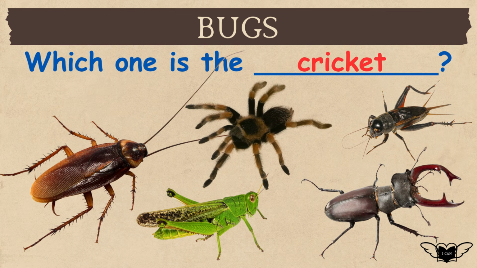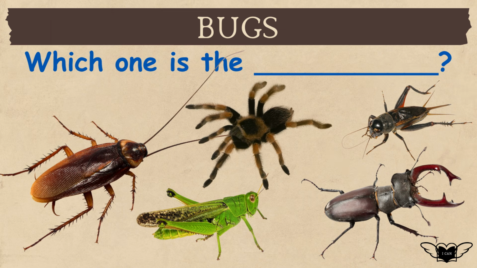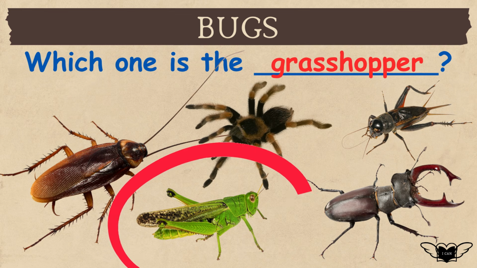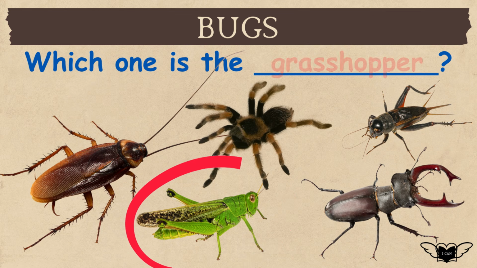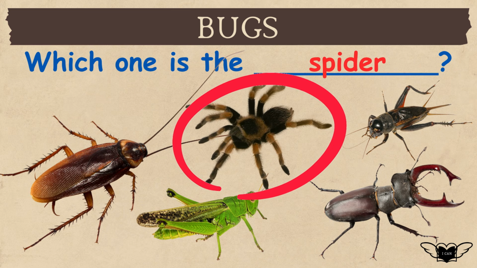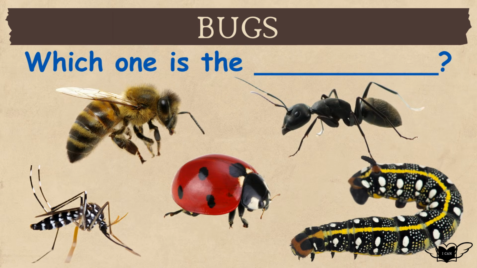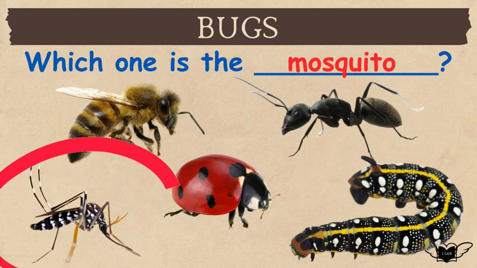Which one is the cricket? This. Which one is the grasshopper? This. Which one is the spider? This. Which one is the mosquito? This.